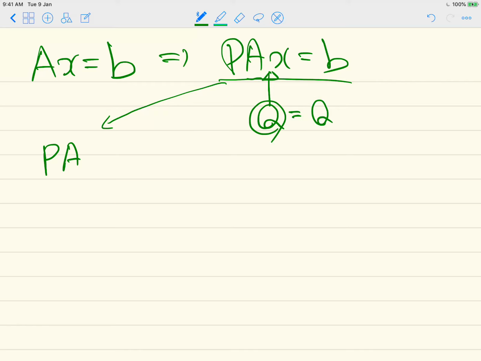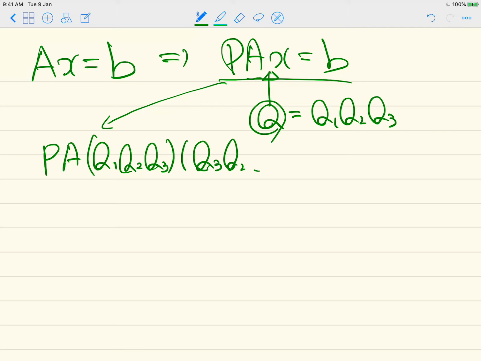If Q is Q1, Q2, and Q3, which are the column permutations that we had to apply to move the maximum elements to the top left, then we also change this equation in this form, because this whole part will be the identity matrix.